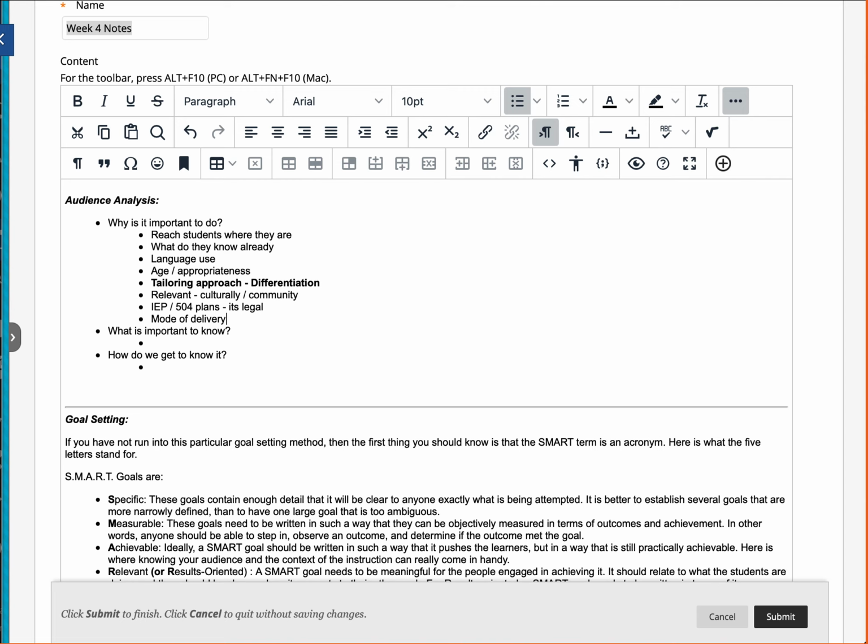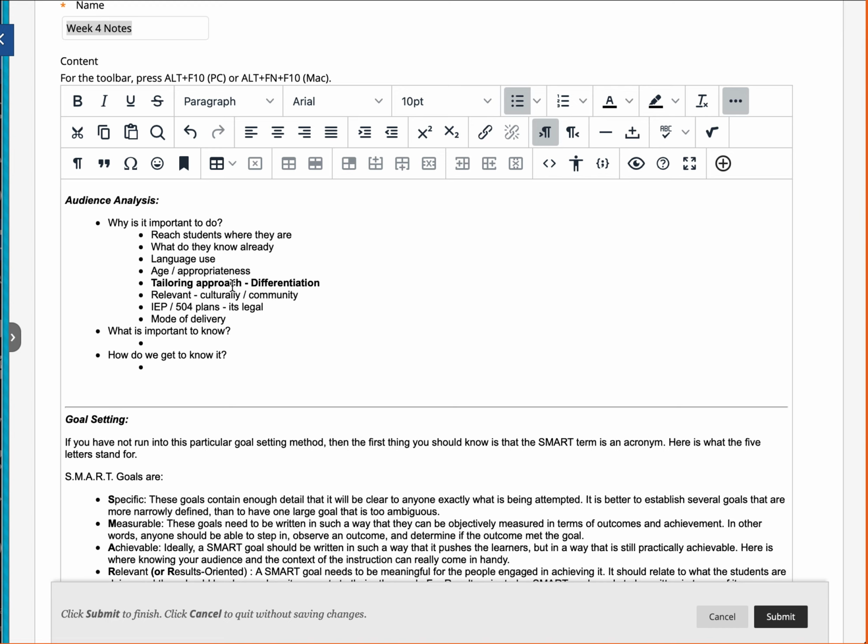So knowing your audience from that context, what kinds of activities do they seem to respond to the best, so that you can tailor the activities of the lesson to match those modes of delivery.